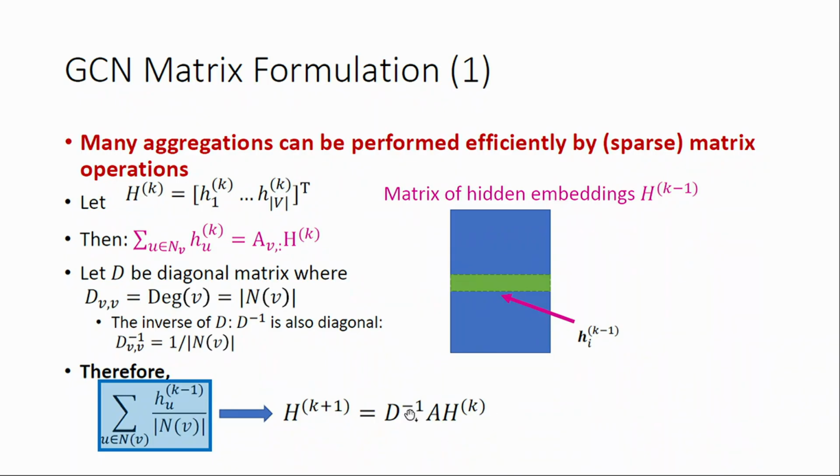So effectively, you can compute everything together with a very cheap GPU by doing this matrix multiplication.